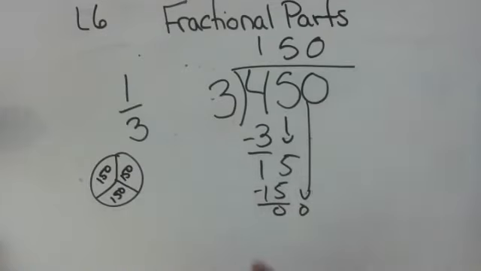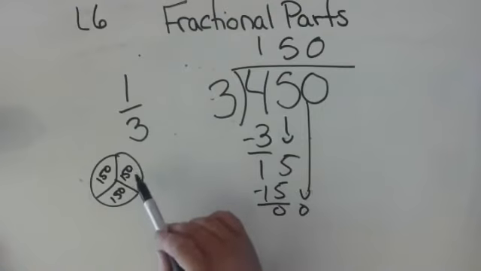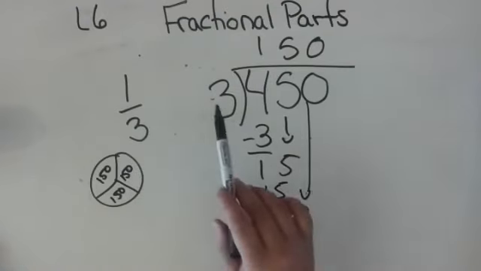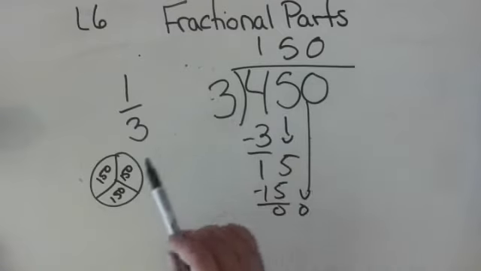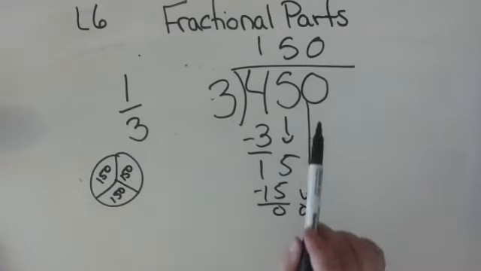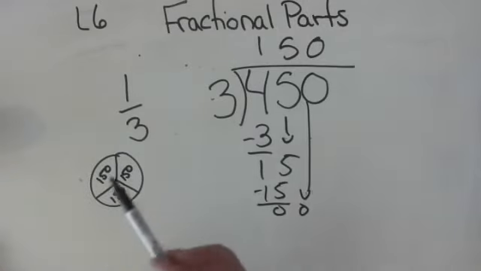Now, I can also check my math, because if 450 divided by 3 is 150, that means 150 plus 150 plus 150 should be 450. That's a good way that you can check these, is you can just add them all together.